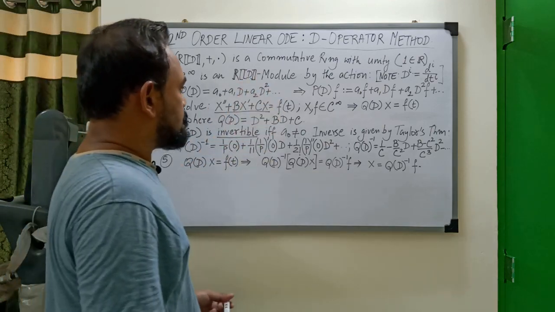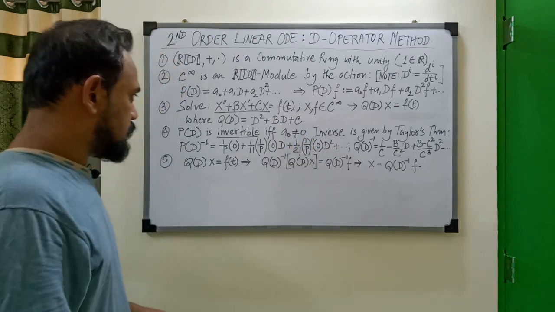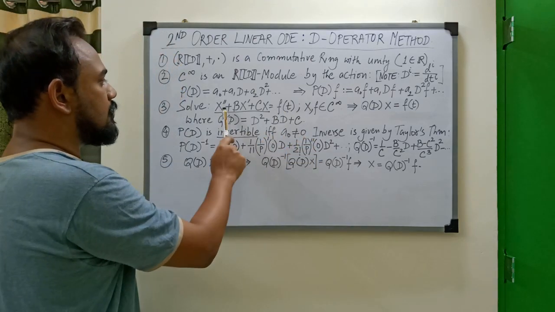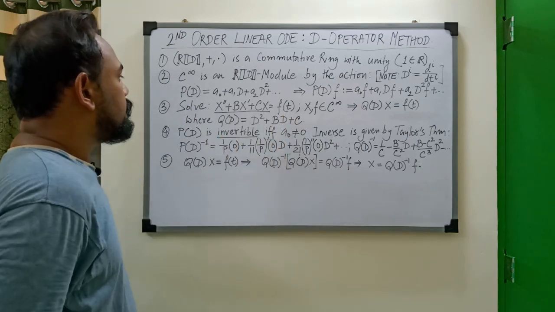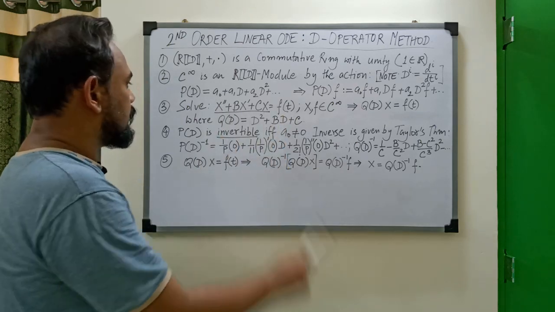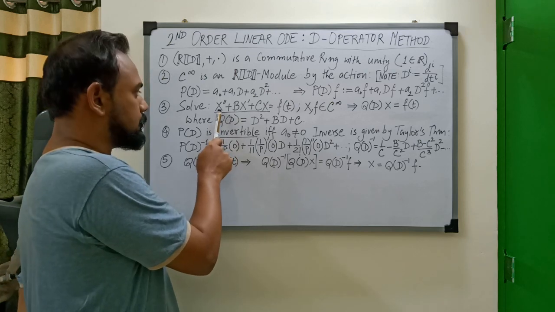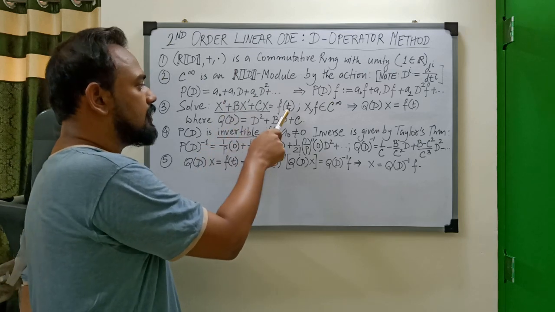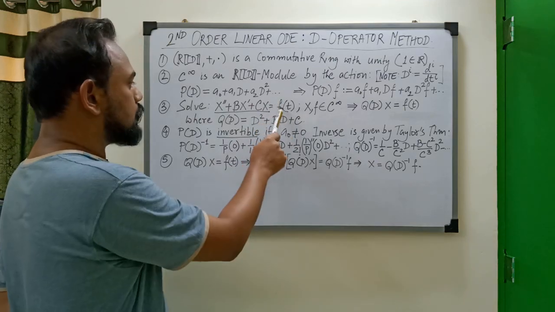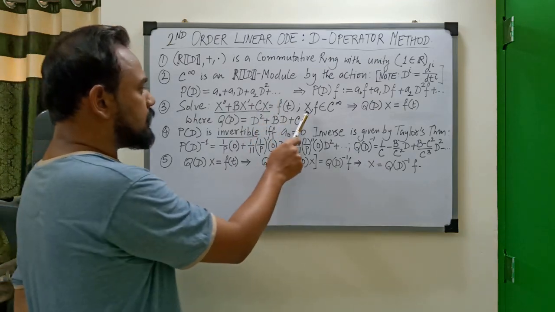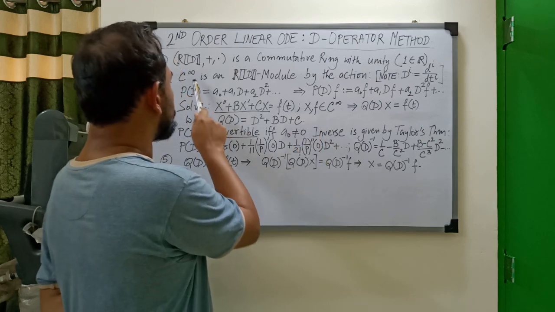One thing that must be noted here is that when we are solving these kinds of differential equations, the x and f here, which are functions of t, of course, that's why you could differentiate x with respect to t twice and once over here. And similarly, f on the right hand side, the external force, so to speak, was also a function of time. These two will have to be elements of C infinity.